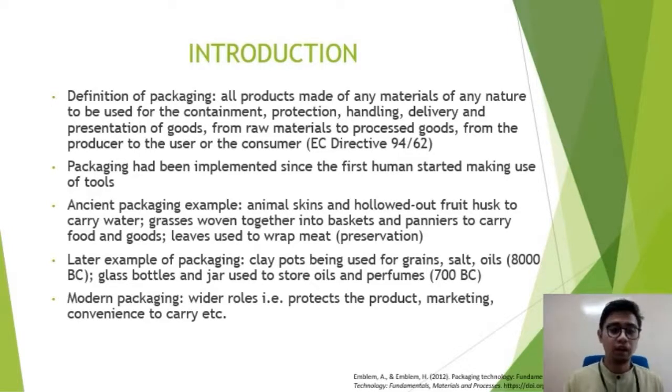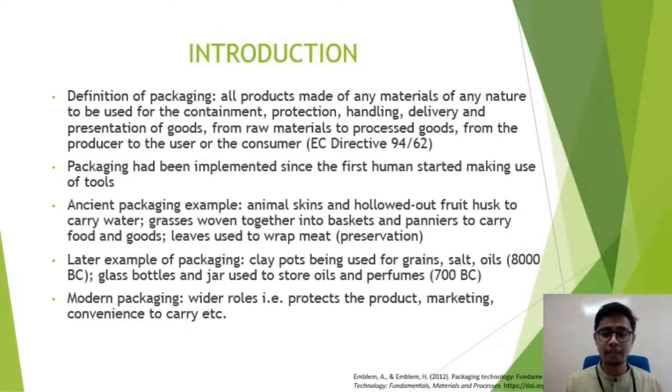Okay, packaging has been implemented since the first humans started making use of tools, and it has been used since ancient times. For example, animal skins and hollowed out fruit husks were used to carry water, and grass was woven together into baskets and panniers to carry food and goods, and leaves were used to wrap meat for preservation purposes.